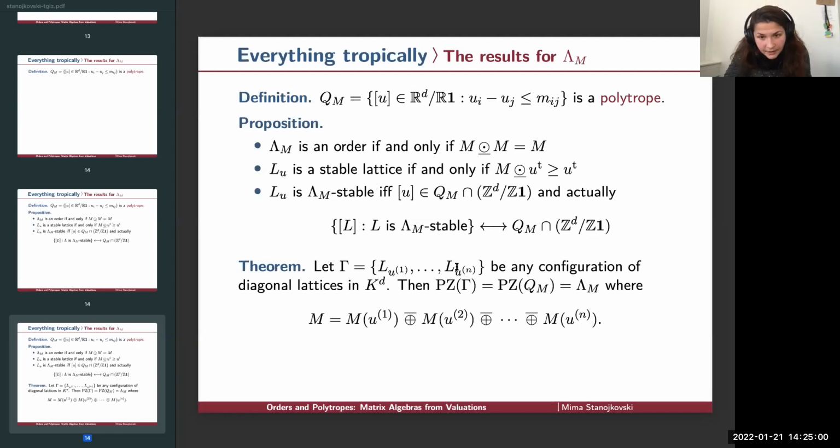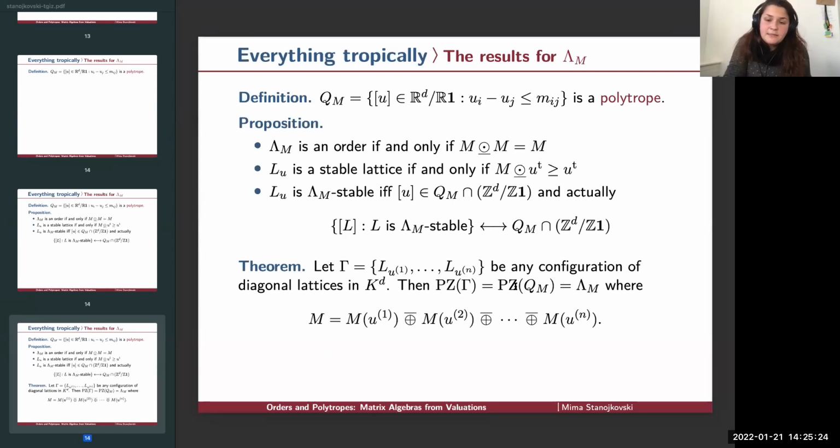So if you start with diagonal lattices defined by u1 up to un, then your Plesken-Zassenhaus ring will be equal to Λ_M, where M is defined by this sum. And let me just remind you that M(u) was just defined to have entries u_i minus u_j.